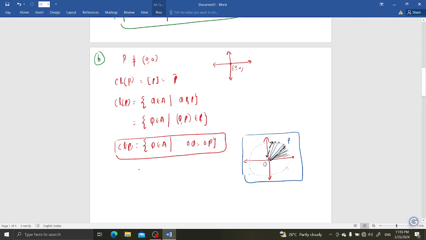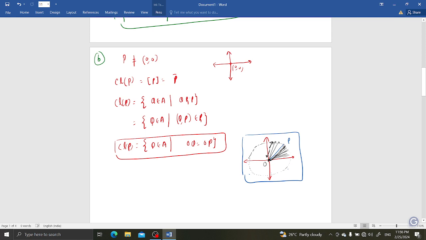We know the definition of a circle: a circle is a closed curve in which all the points are equidistant from a fixed point, and the fixed point is called the center.